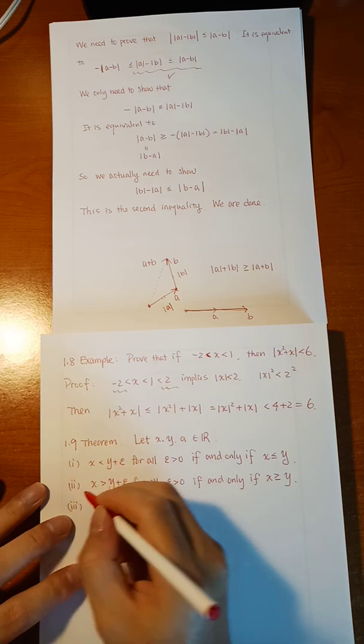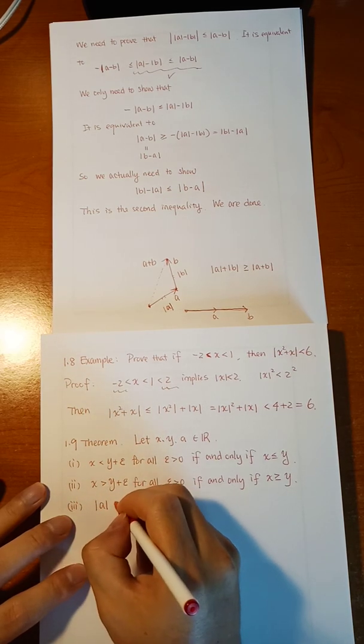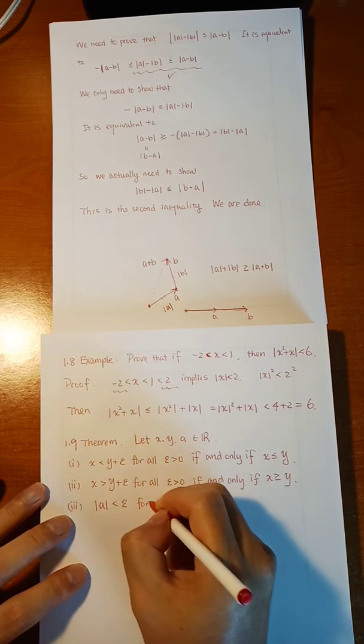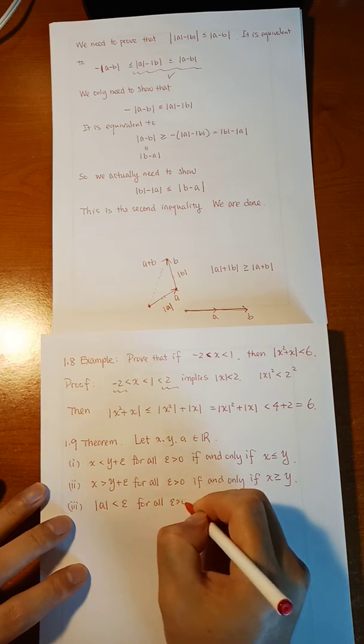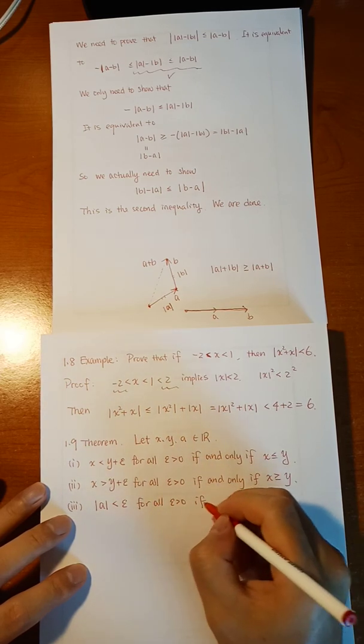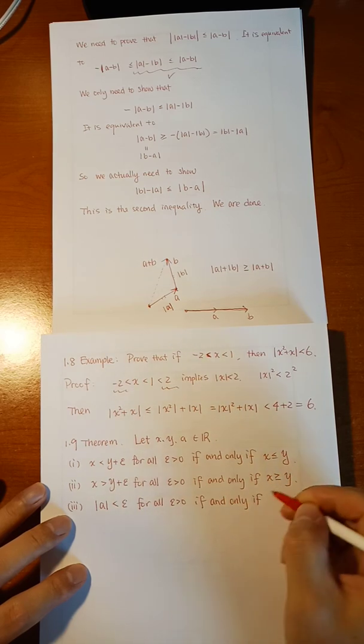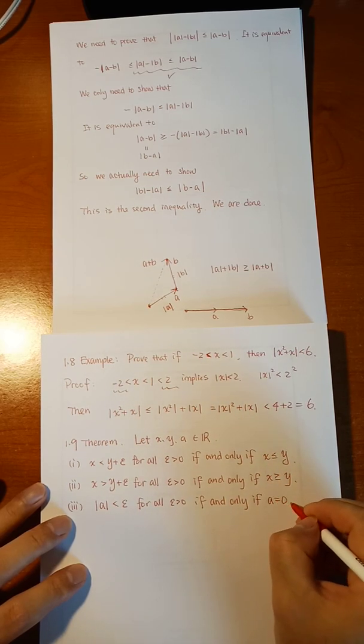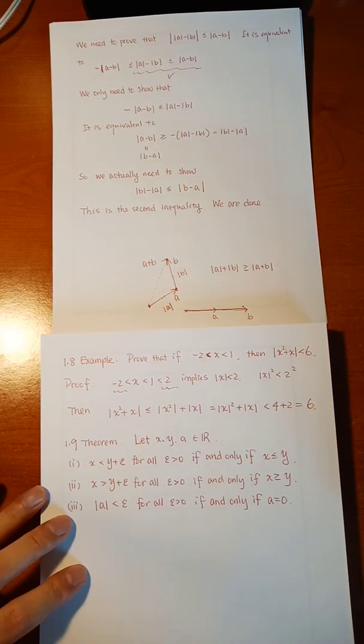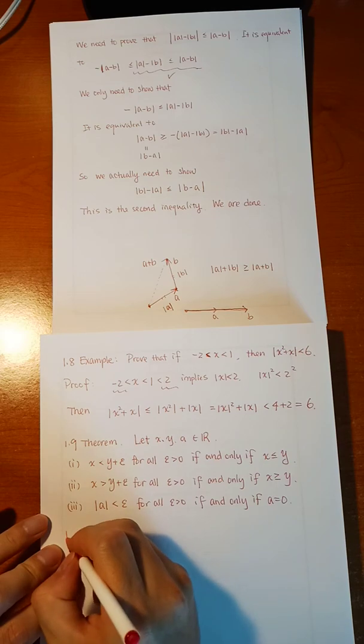Third, the absolute value of a is less than epsilon for all epsilon greater than 0 if and only if a is equal to 0. All right, so let's try to see the proof.